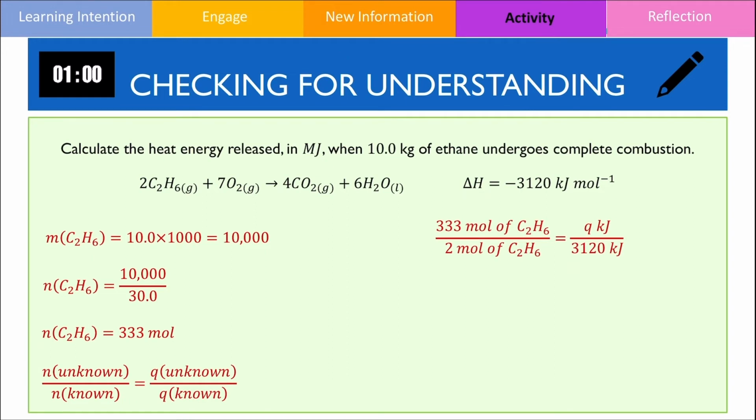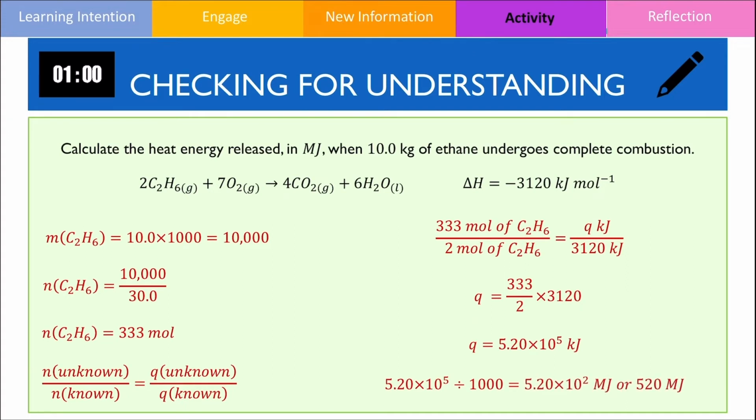To solve for Q, we multiply the equation by 3,120, and this will give us an answer of 5.2 times 10 to the power of 5 kilojoules. Lastly, we need to express our answer in megajoules by dividing by 1000, giving us an answer of 520 megajoules.